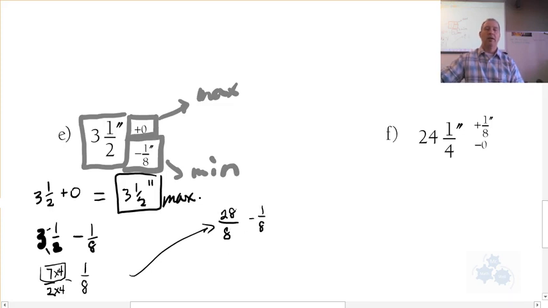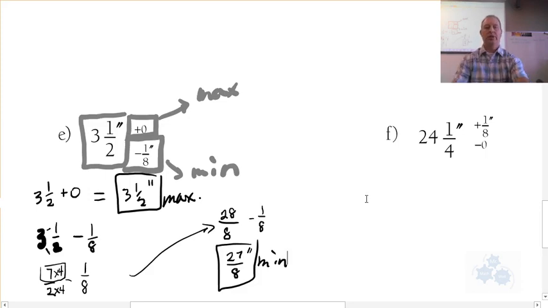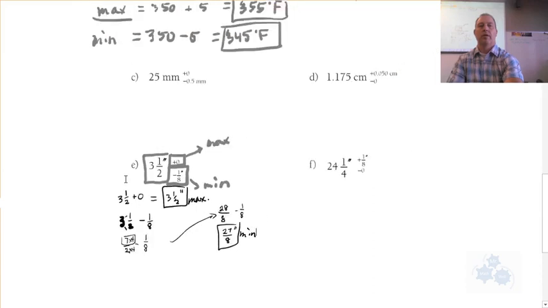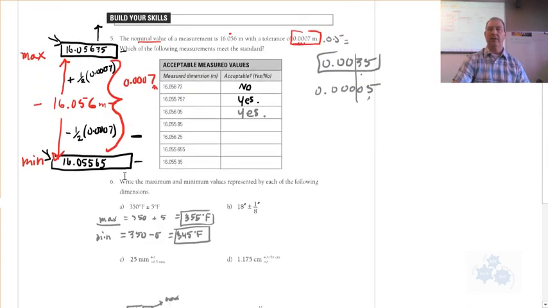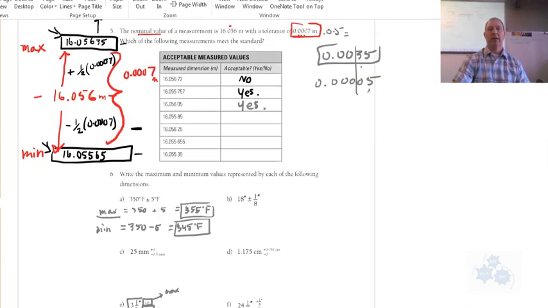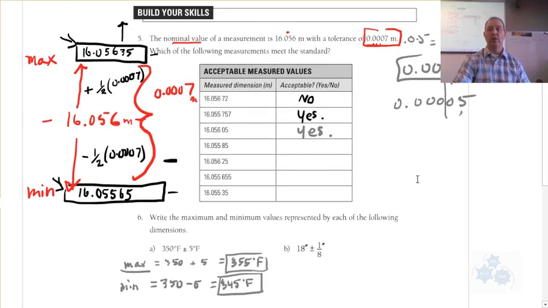Now this is easy. We just subtract the top numbers and we get 27 over 8. Okay? And that's going to be inches, I guess. And that's going to be your minimum value. Okay. So for questions, for build your skills number 5 and 6, do you guys have any other questions before we move on from there?